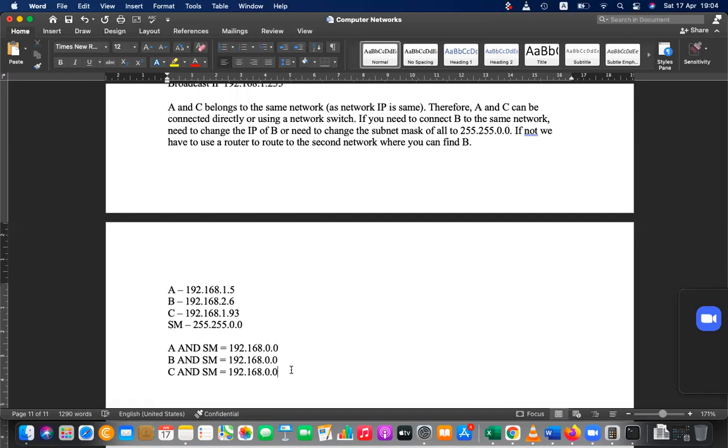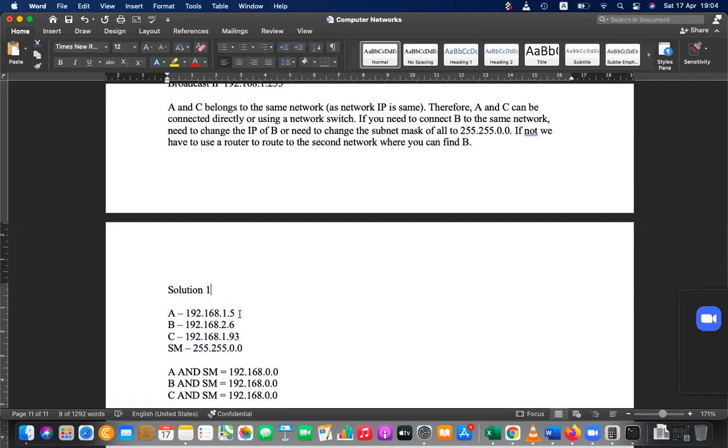You can change the subnet mask, or you can change the IP address of B. Okay, let's write solution by solution. Solution 1: you change the IP address. Keep the subnet mask as it is and change the IP address to 1.8 with subnet mask 255.255.255.0. Then the network IP for A, B, and C will be 192.168.1.0. This is for all.